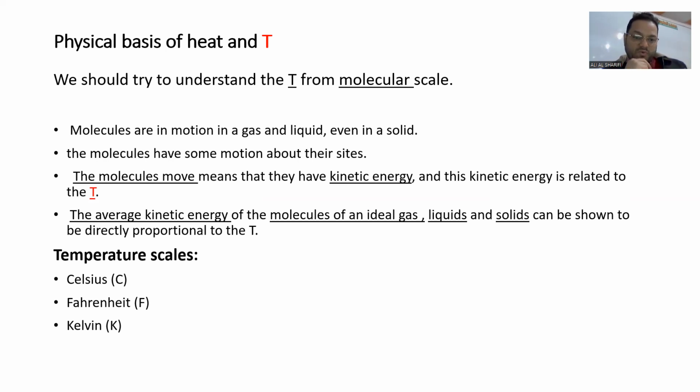The molecules move, which means that they have kinetic energy. When I say molecular motion, what does it mean? That means kinetic energy. And this kinetic energy is related to the temperature.